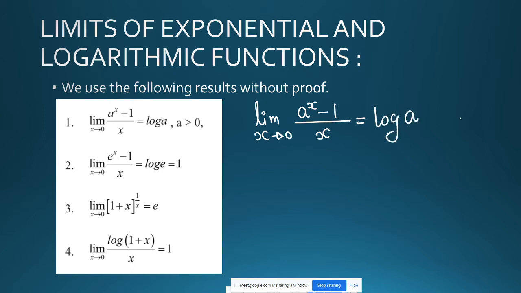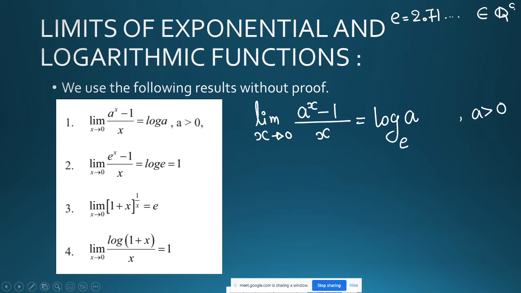Here you should observe a is greater than 0. Also, we know that when there is a log, it should have some base. The base of this log is nothing but e. When we studied irrational numbers, we observed that e is an irrational number, 2.71 dot dot dot, right? This is that irrational number.